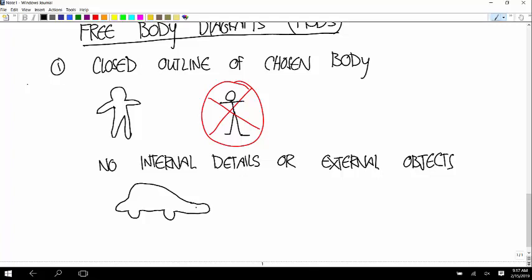Oh, no, not so much anymore. Oh, that's a closed outline of a car. But if you're isolating the car, this is a better picture of a car, arguably.